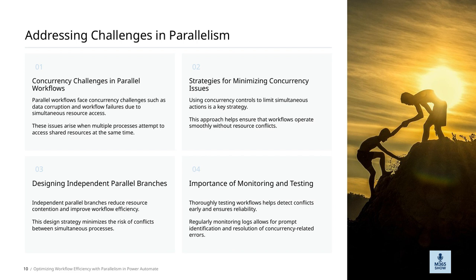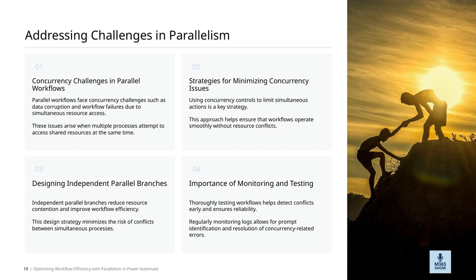Now, to reduce resource contention and boost efficiency, designing independent parallel branches is crucial. When each branch operates independently, they're less likely to interfere with each other, which reduces the risk of conflicts between processes. In addition, using concurrency controls plays a vital role. Limiting the number of actions that run simultaneously helps ensure workflows operate smoothly without running into resource conflicts or overloads.